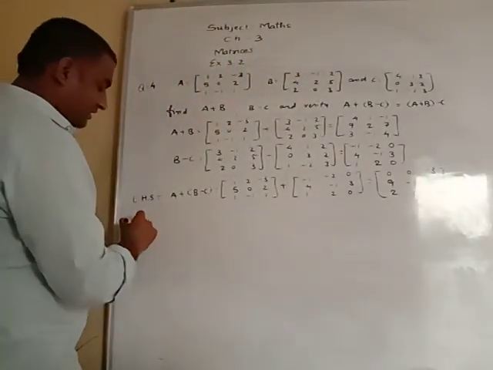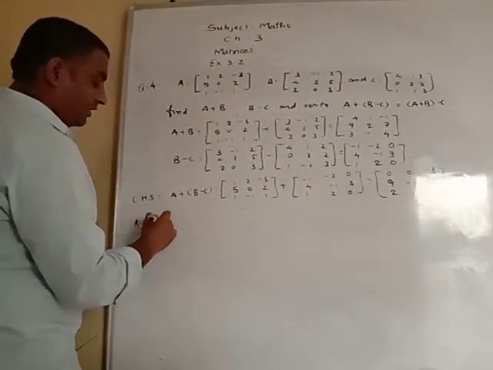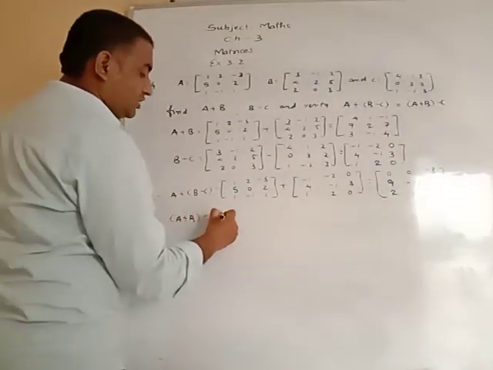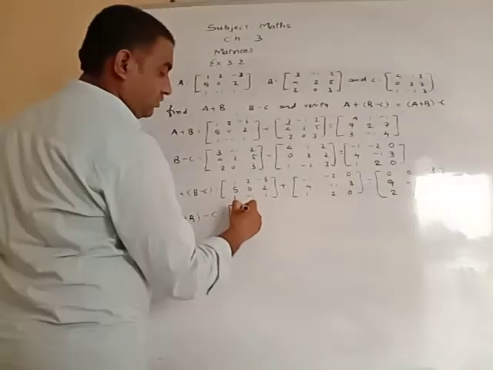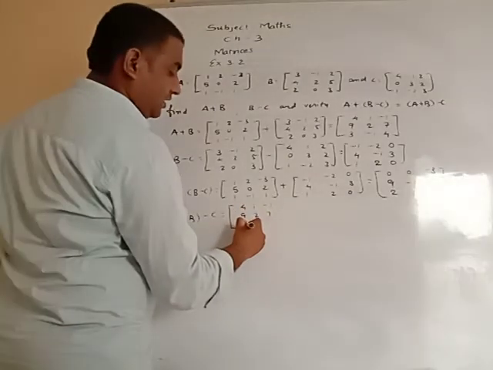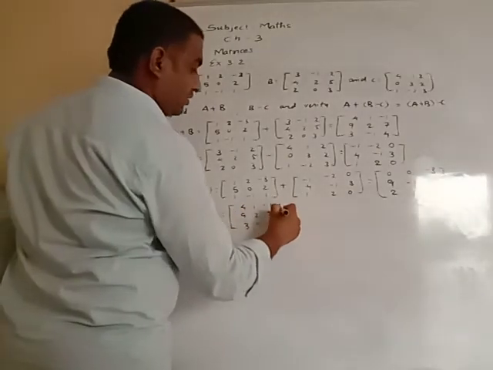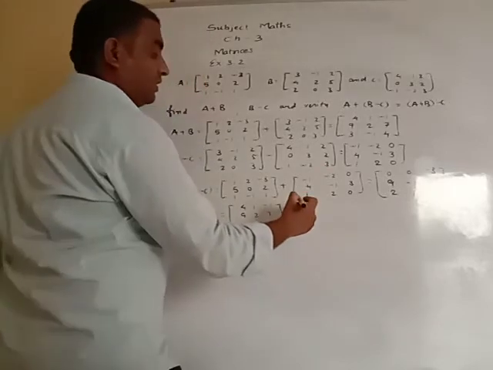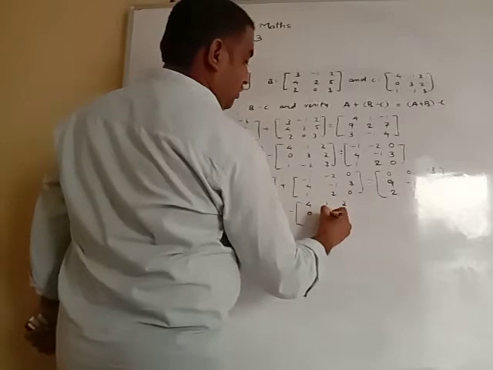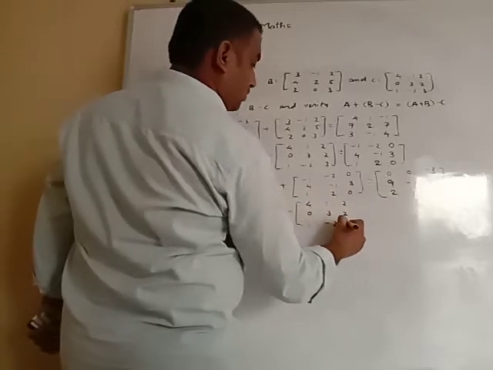Now for the right hand side we want to find A plus B minus C. So A plus B we have 4 1 -1, 9 2 7 and 3 -1 4, minus C, which is 4 1 2, 0 3 2 and 1 -2 3.